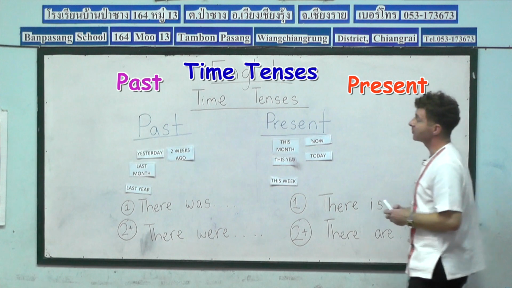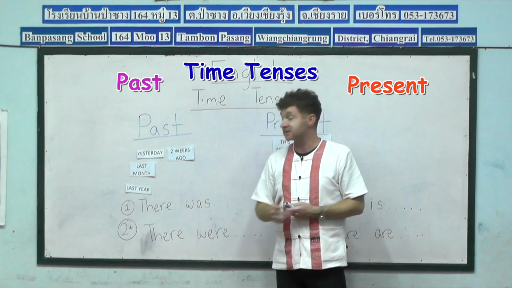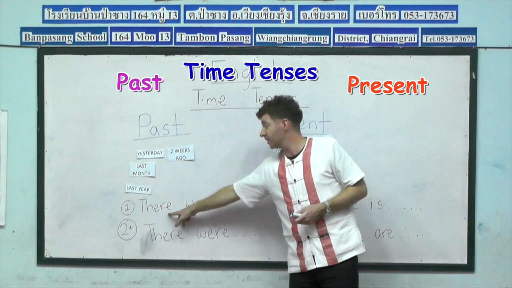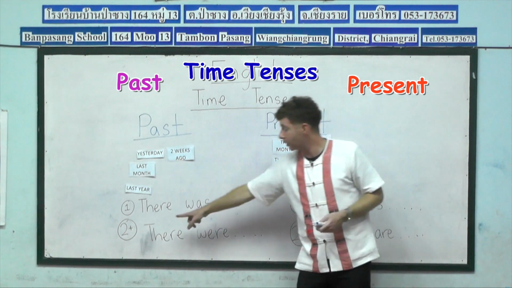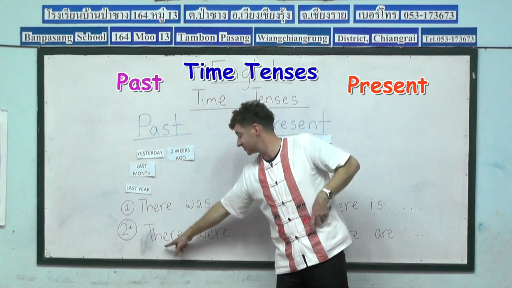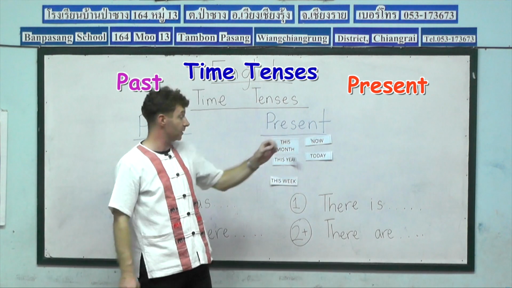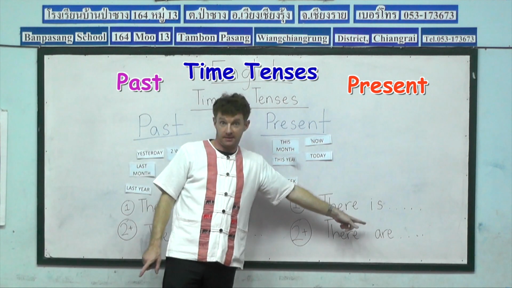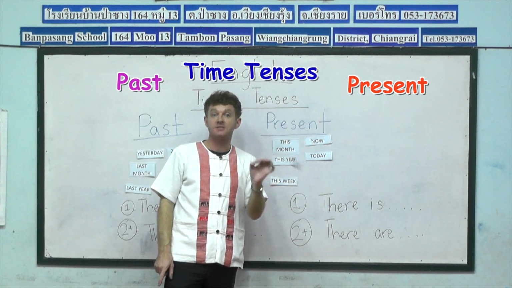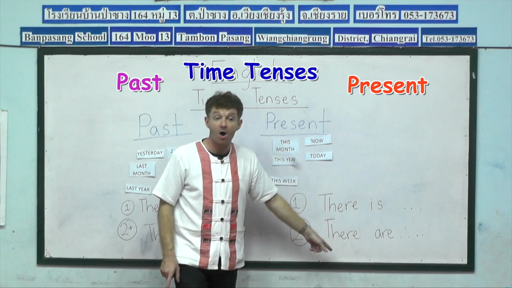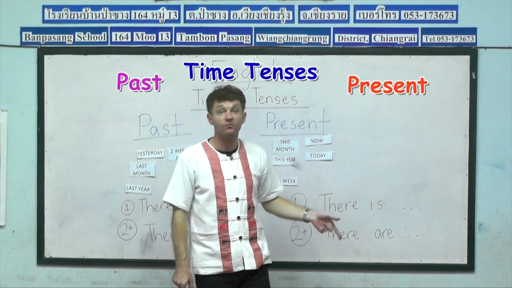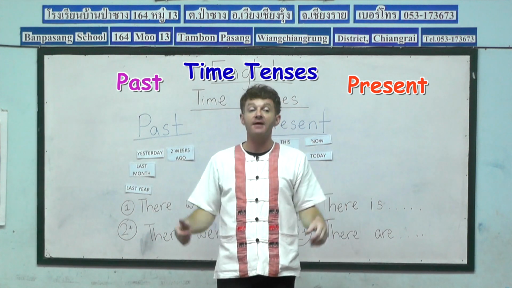Very good. So, singular objects in the past, there was. Plural objects in the past, there were. Singular objects in the present, there is. Plural objects in the present, there are. And that's going to be the focus of today's lesson. So well done, guys. That was excellent.